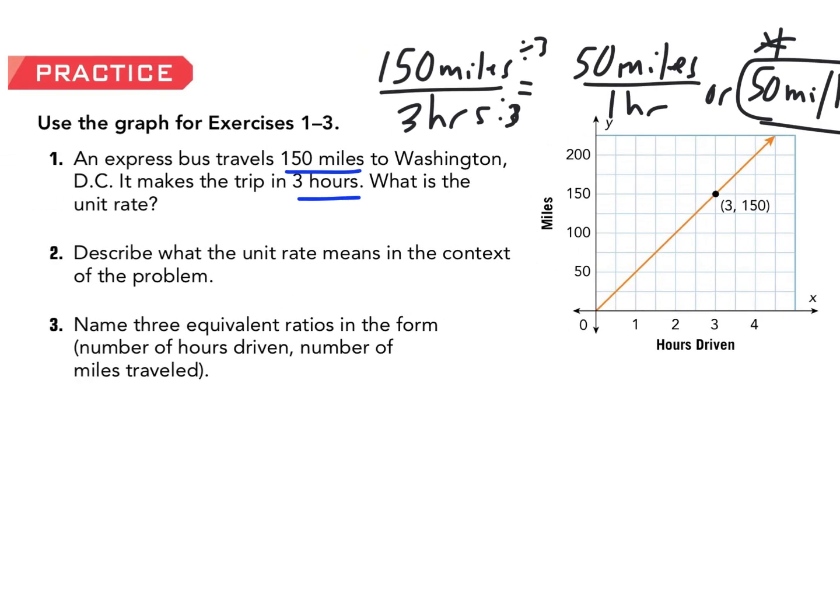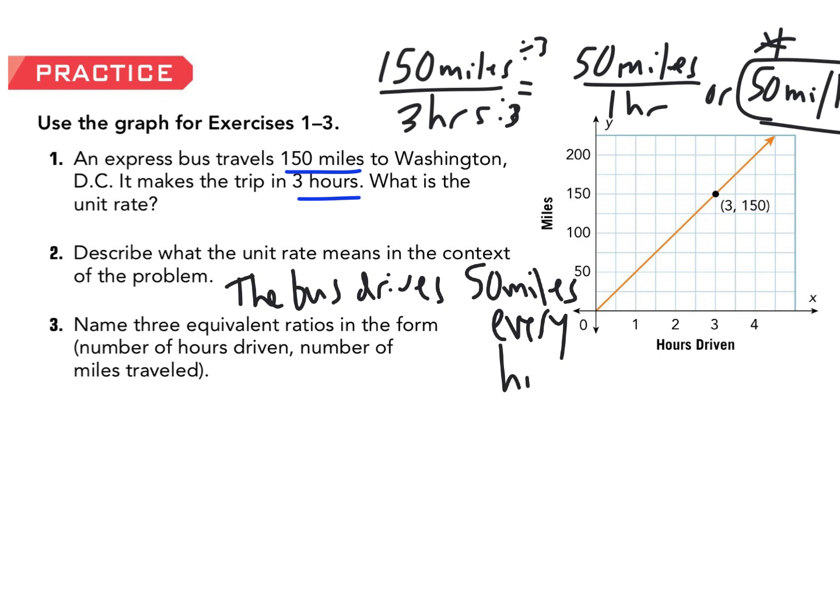Number 2, describe what the unit rate means in the context of the problem. It's just telling us that the bus drives 50 miles every hour. And then number 3, they want us to name 3 equivalent ratios in the form number of hours driven, comma, number of miles traveled.